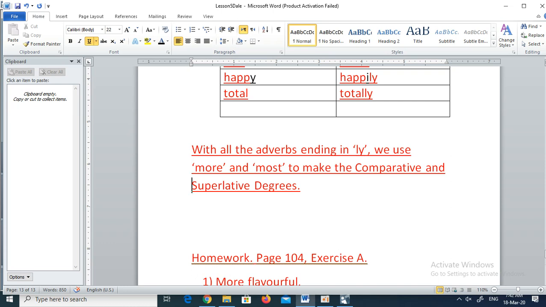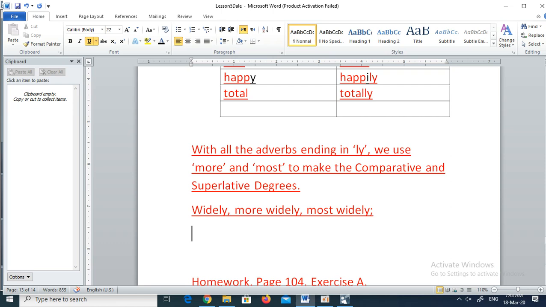So it is widely, more widely, most widely. It is happily, more happily, most happily. Okay, so very simple.